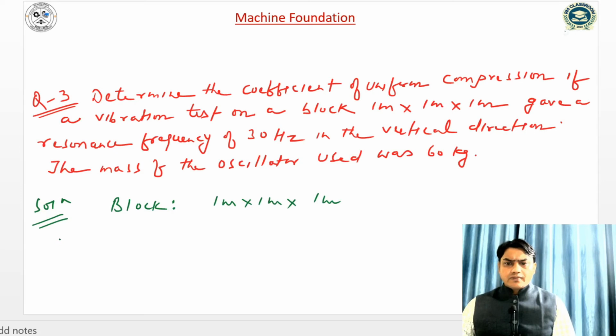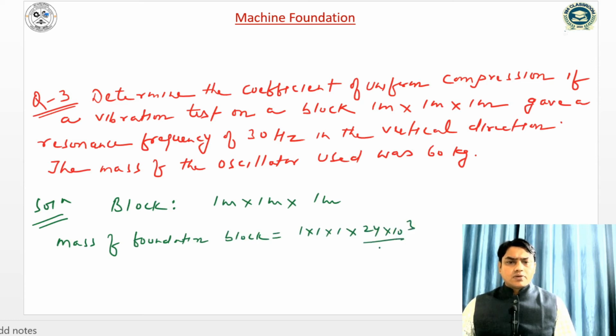Mass of foundation block. So it will be 1 into 1 into 1 into 24 kilonewton per meter cube divided by 9.81. So it will be 24,000 divided by 9.81. So it will be 2446.48 kg.